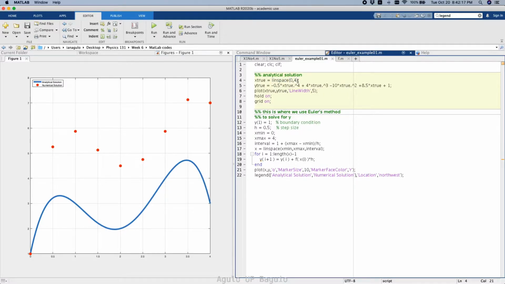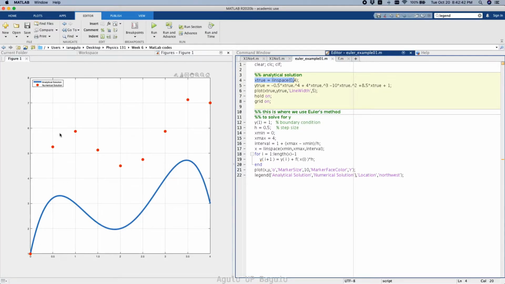If you don't put a third argument here, it's going to generate 100 numbers between 0 and 4. So I have about 100 data points in this curve. So x true is my x value for the blue curve, and y true are my y values for the blue curve, and it's the analytical solution.